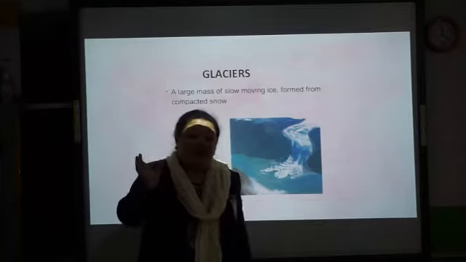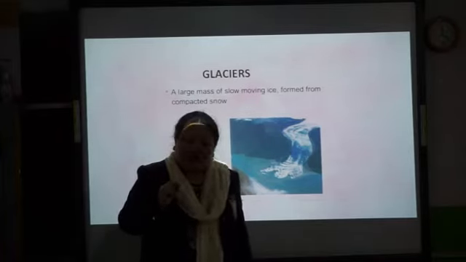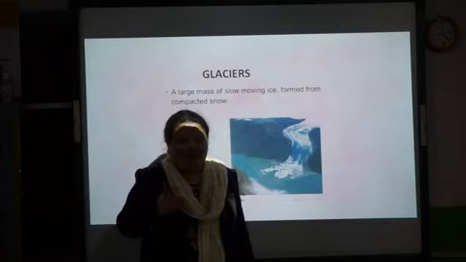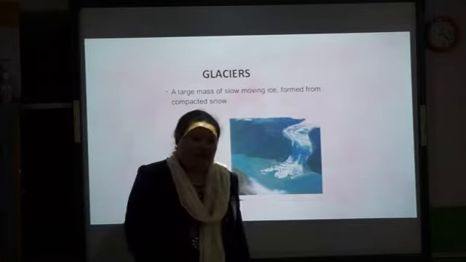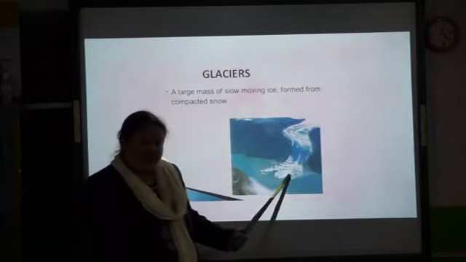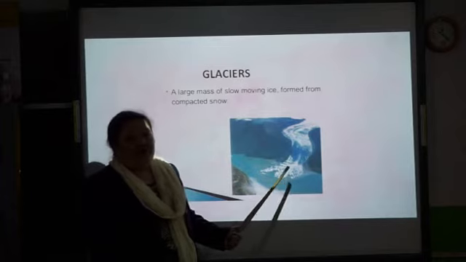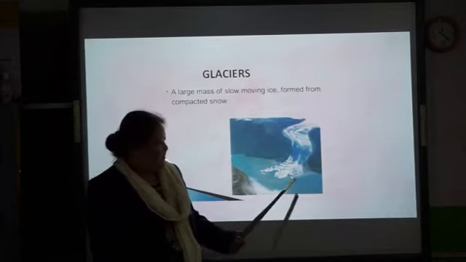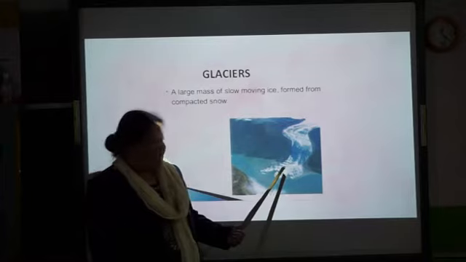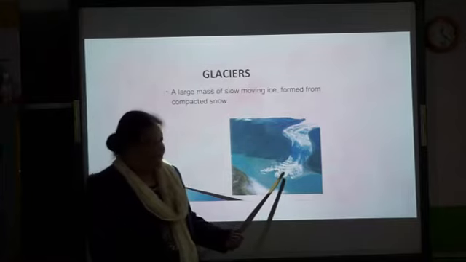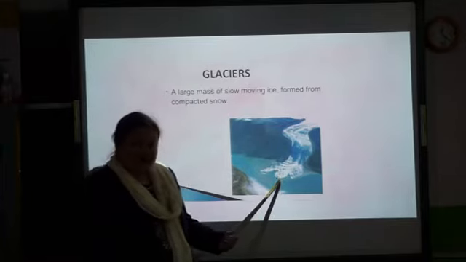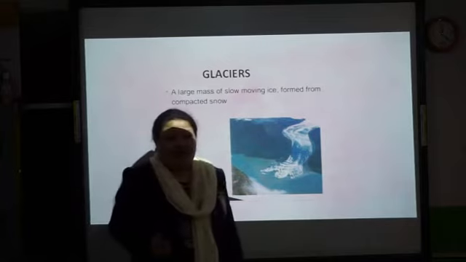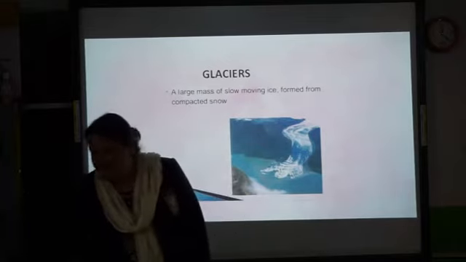A huge mass of ice that slowly slips down the mountain ranges is known as a glacier. Many of the glaciers give rise to a number of rivers, because after some time the glacier is going to melt, isn't it? After the melting takes place, it gives rise to different rivers.